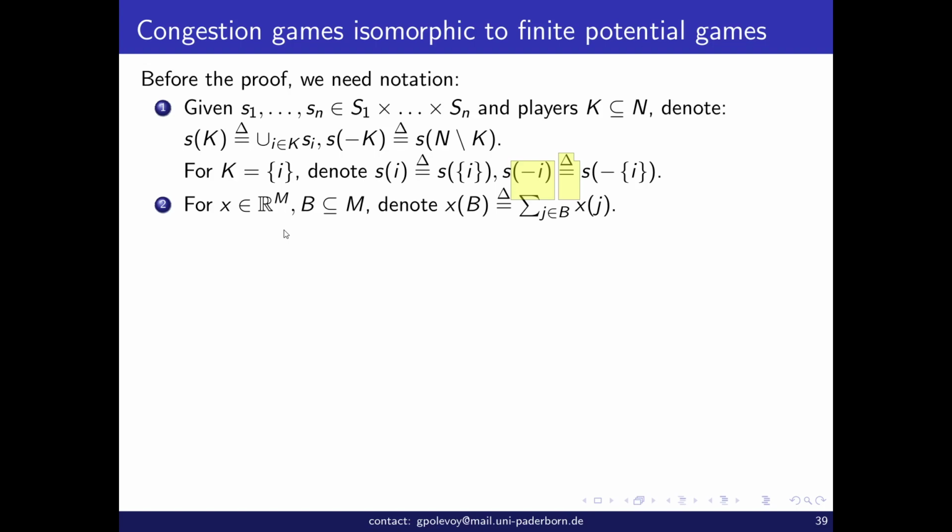Now the other notation is not on the subset of players, but let's look at a vector of real numbers, a real number for each facility, because M is the set of facilities.